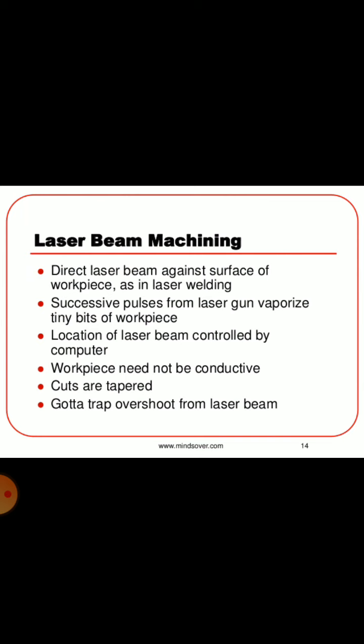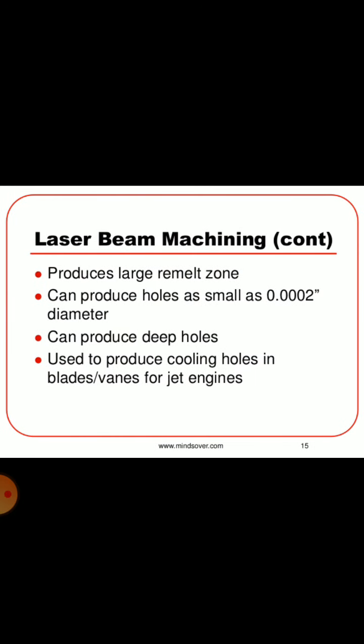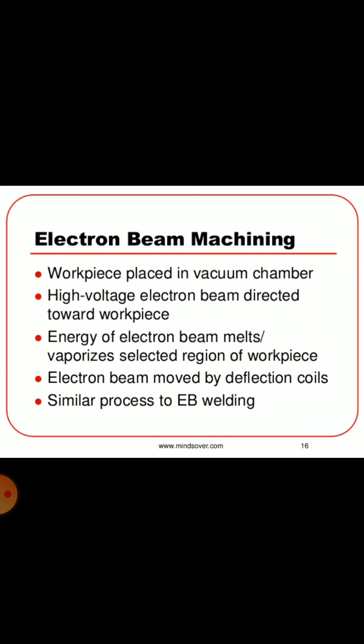Laser beam machining produces large remelt zone, can produce holes as small as 0.002 inch diameter, and can produce deep holes used as cooling holes in blades and vanes for jet engines.